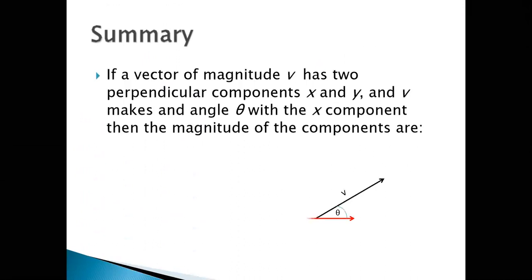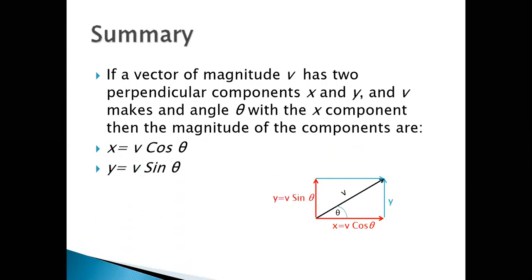Number one, if a vector of magnitude v has two perpendicular components x and y, and v makes an angle theta with the x component, then the magnitudes of the components are x equal to v cos theta, just like what you can see in the diagram, and y equal to v sine theta.